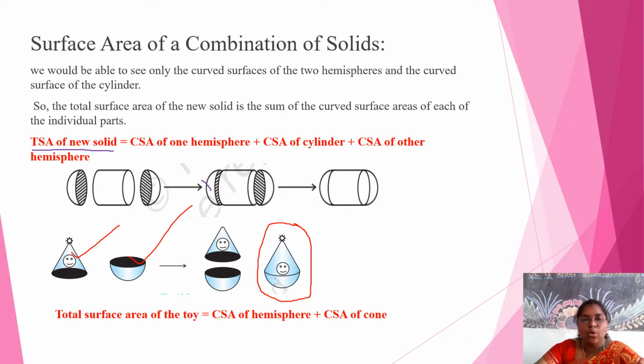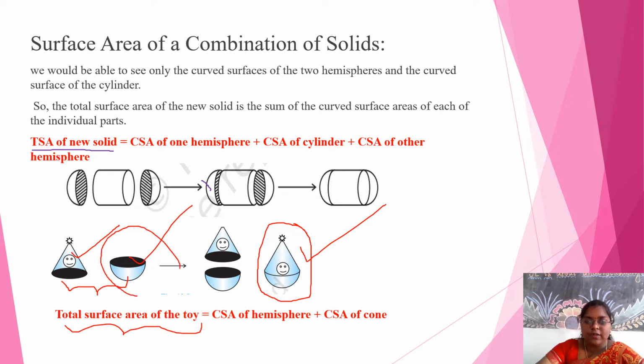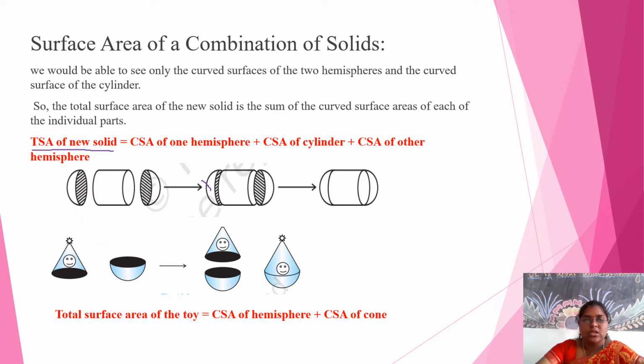So if we combine these two figures, we will get this exact toy. So how are we going to find the surface area? The total surface area of the toy is equal to the curved surface area of a hemisphere plus the curved surface area of a cone. Then we will get the total surface area of the particular toy, right? So these are all the basics.